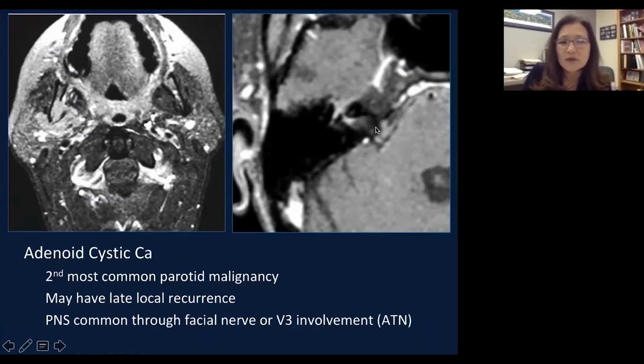When you look a little higher up, this is the internal auditory canal, and you see the distal part of the IAC. There's enhancement of the canalicular portion of the facial nerve, and also the labyrinthine segment of the facial nerve, and also the geniculate ganglion of the facial nerve, all abnormally enhancing. So that finding is indicative of perineural spread of the adenoid cystic carcinoma arising from the parotid gland.